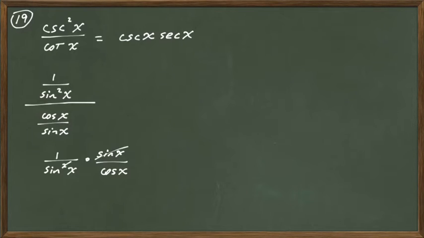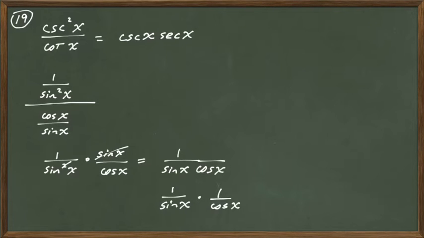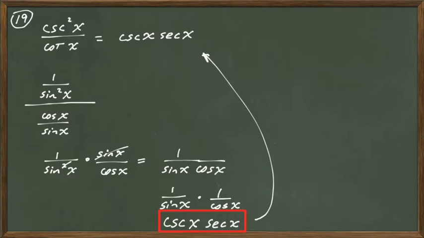One of these sines will cancel, and that'll leave me with 1 over sine times cosine. That's 1 over sine times 1 over cosine. 1 over sine is cosecant. 1 over cosine is secant. And I believe that matches the answer that we want.